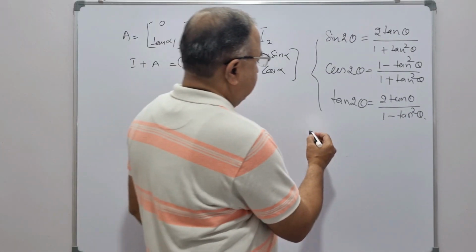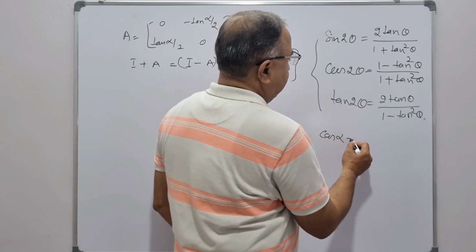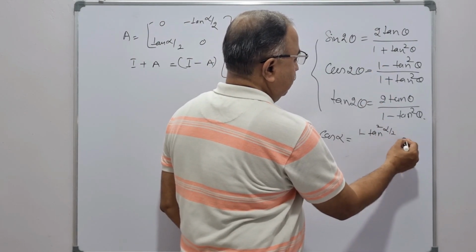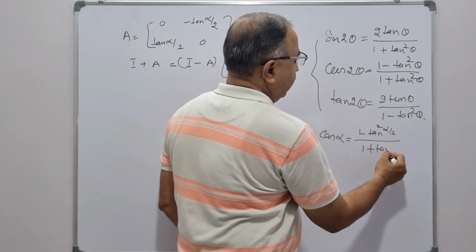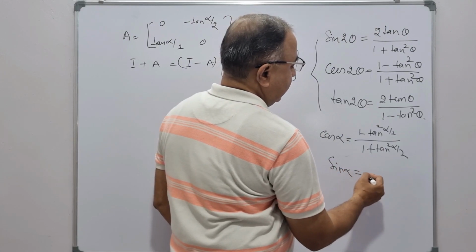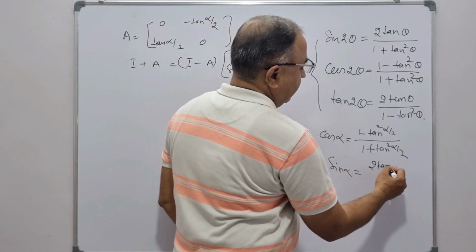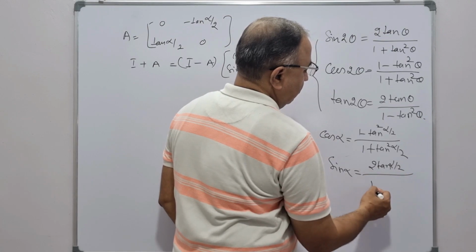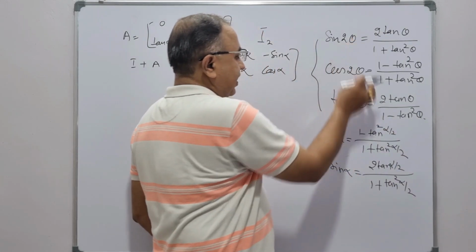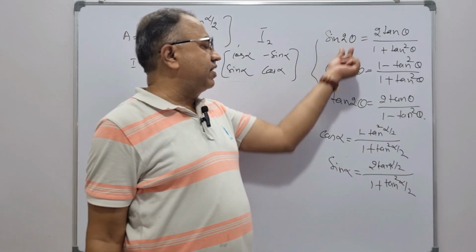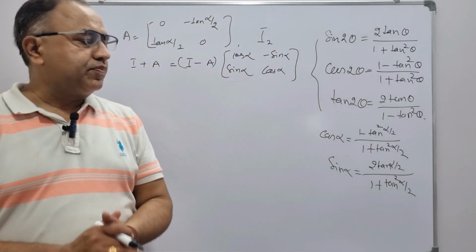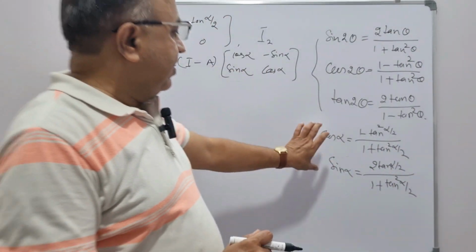You can recall that cos alpha will be written as 1 minus tan square alpha by 2 upon 1 plus tan square alpha by 2. Similarly, sin alpha will be written as 2 tan alpha by 2 upon 1 plus tan square alpha by 2. If you take 2 theta equal to alpha, theta will become alpha by 2. These two identities are applicable here.